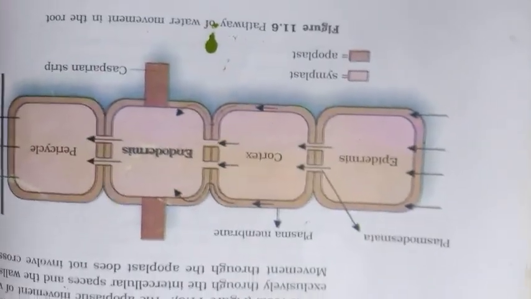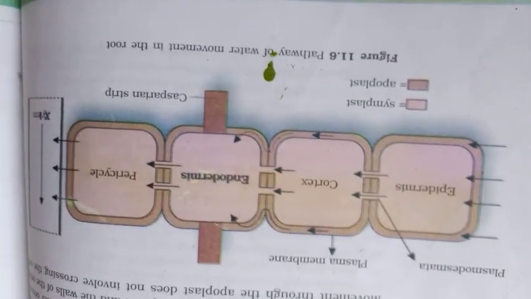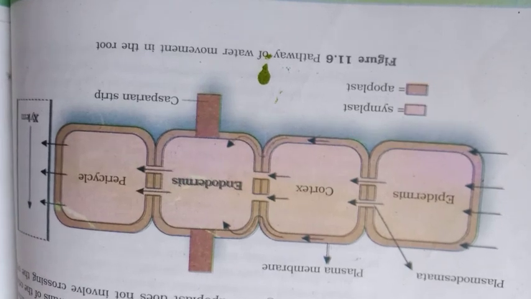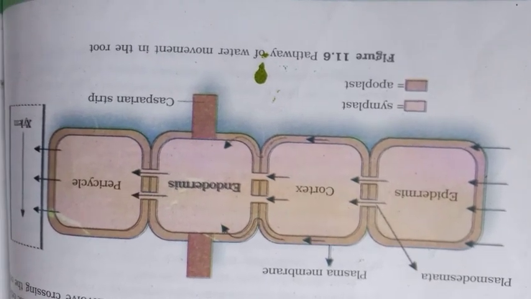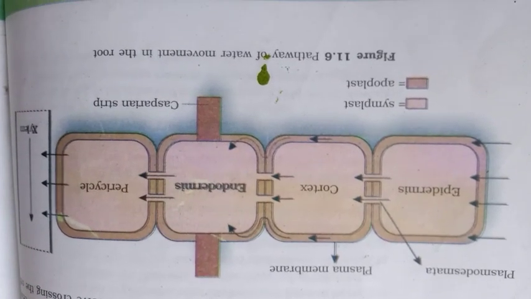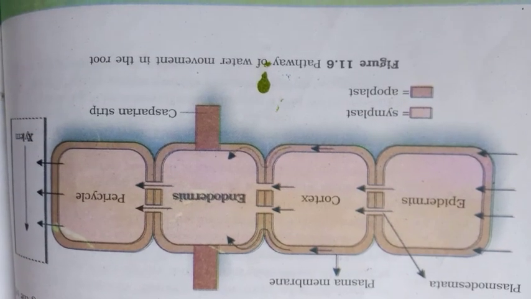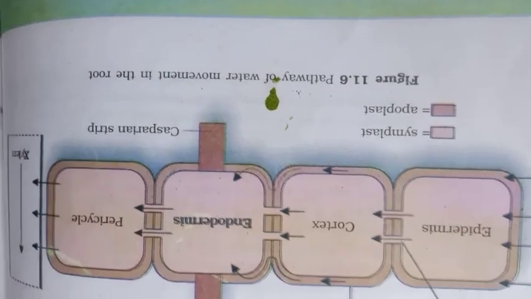Here is the view of the cells which are adjacent to each other, showing the apoplastic as well as the symplastic pathways. The movement of water is dependent on the gradient. The apoplast does not provide any barrier to water movement, and water movement is through mass flow.